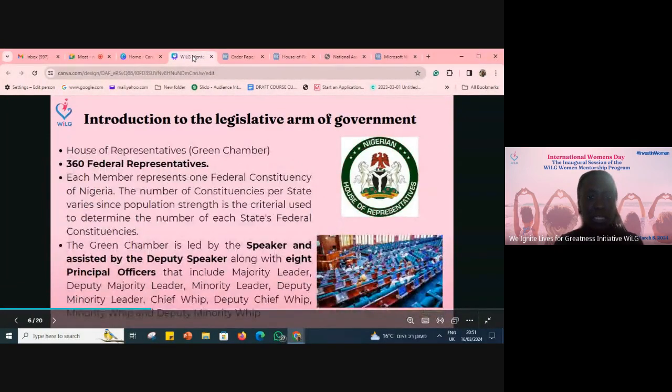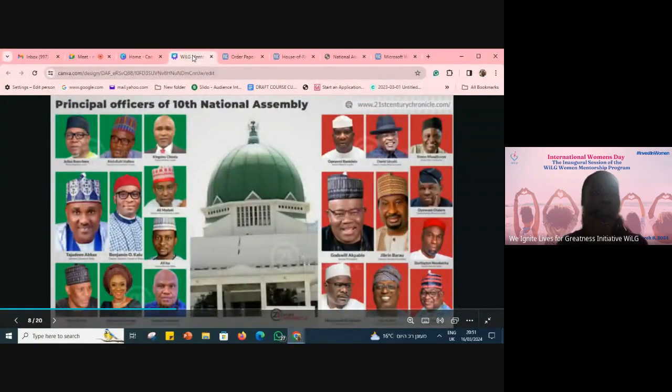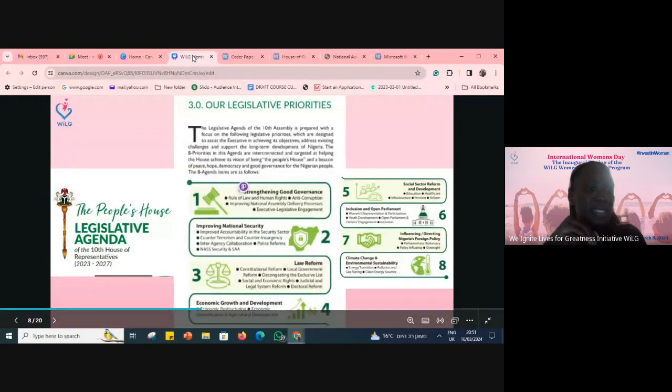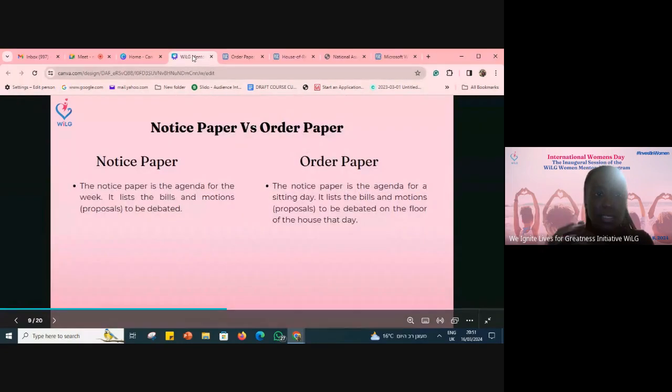We talked about the legislative agenda of the 10th House of Reps. Basically, the legislative agenda is their goal, what they plan to do for the duration of their 4 years as legislators.